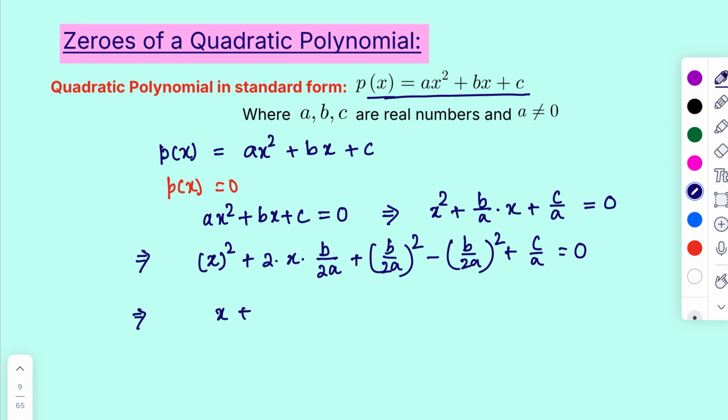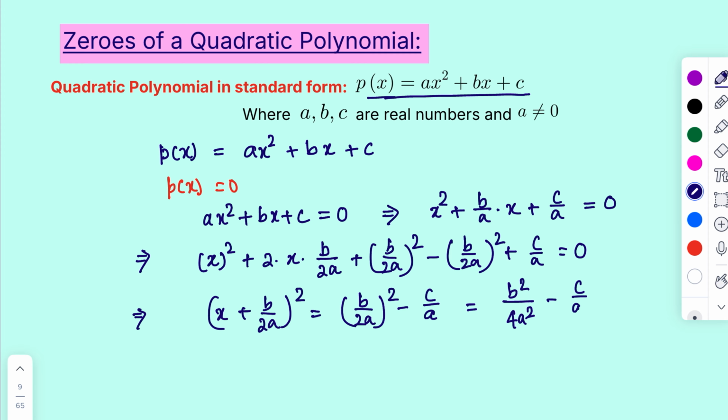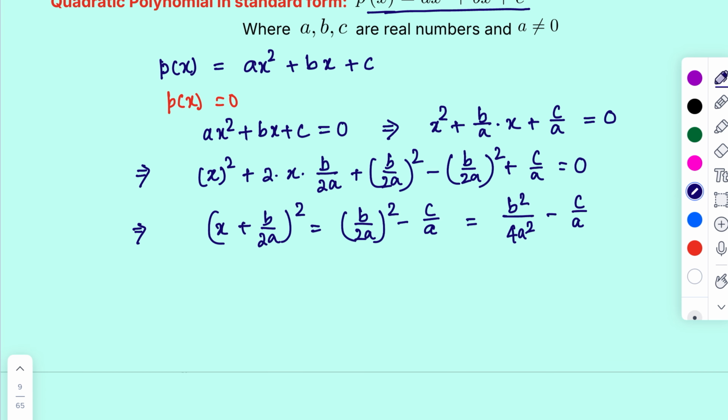Or we can write this as x plus b by 2a whole square is equal to b by 2a whole square minus c by a, or b square by 4a square minus c by a.